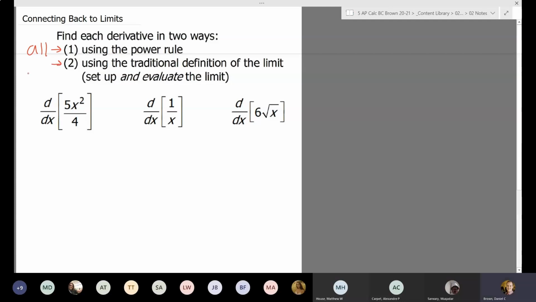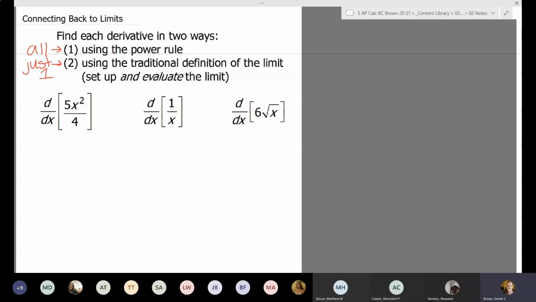For just one of them, so I don't want you to do it for all of them, but for just one of them, I want you to set up a limit using the traditional definition of the derivative, and then evaluate that limit like you would back in Unit 1.